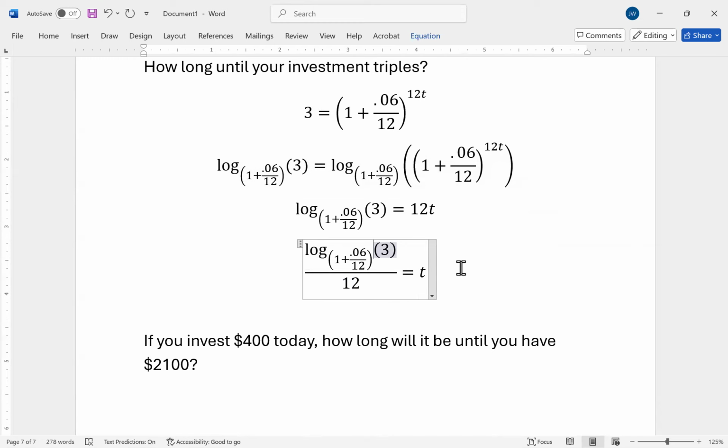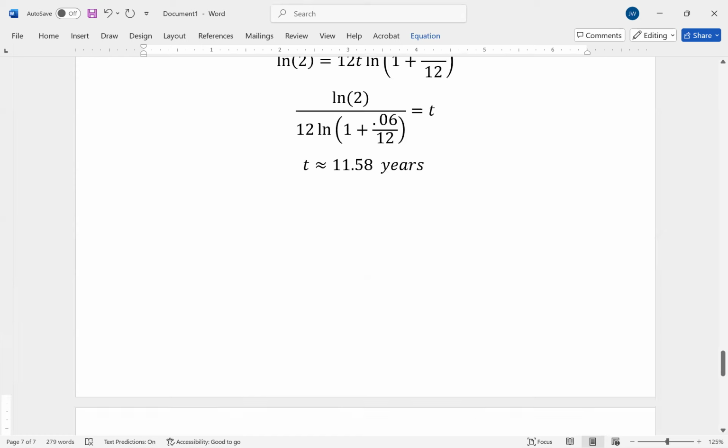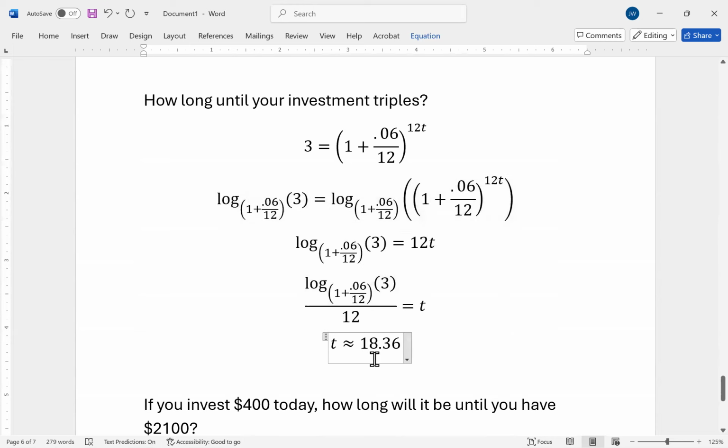Otherwise, I can use a change of base formula and do it that way. So natural log of 3 divided by natural log of 1 plus 0.06 over 12, hit enter, and then divide that by 12. You get about 18.36. So it takes about 11.58 years to double, and about 18.36 years to triple.